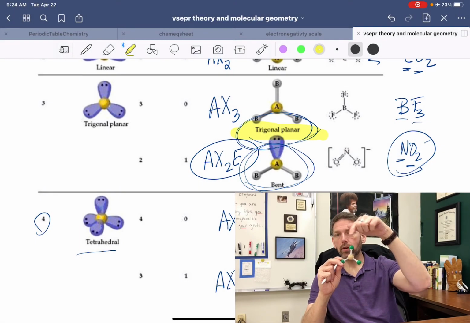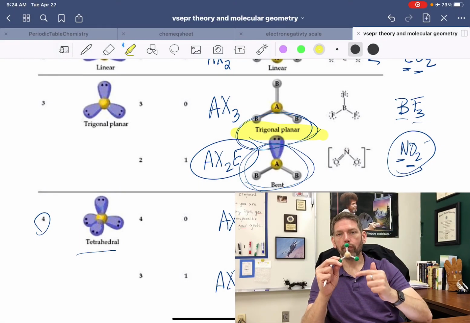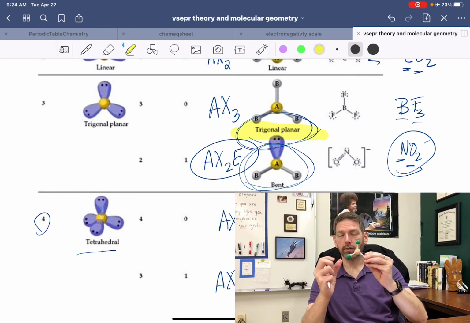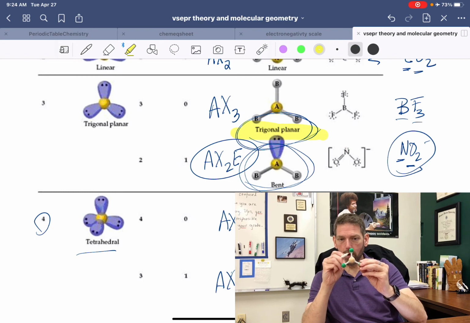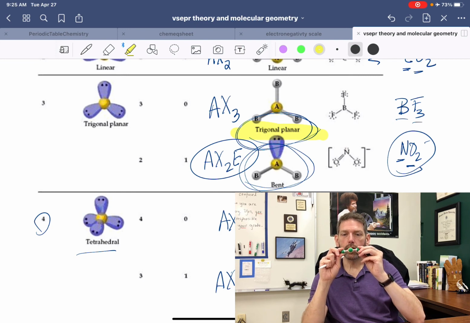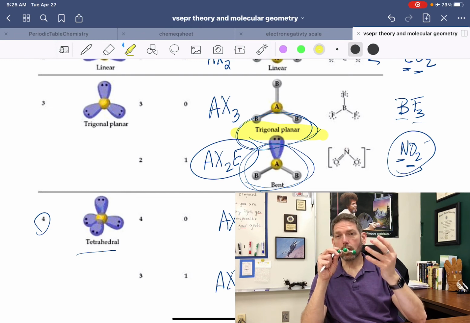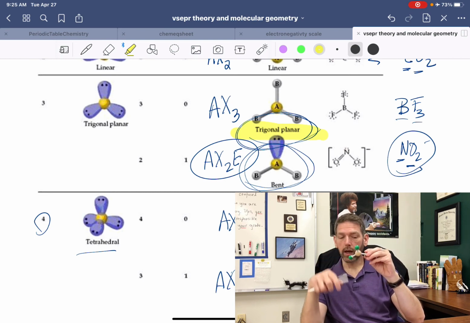So you have to envision that there are 3 lone pairs here, there are 3 lone pairs here, and there are 3 lone pairs here. But all of those interactions are in such a way that it causes the molecule to sit on a singular plane. So if you look, you can see it's sitting on a very singular plane, which is why it's called a planar form. So trigonal planar, 3 angles on one single plane.